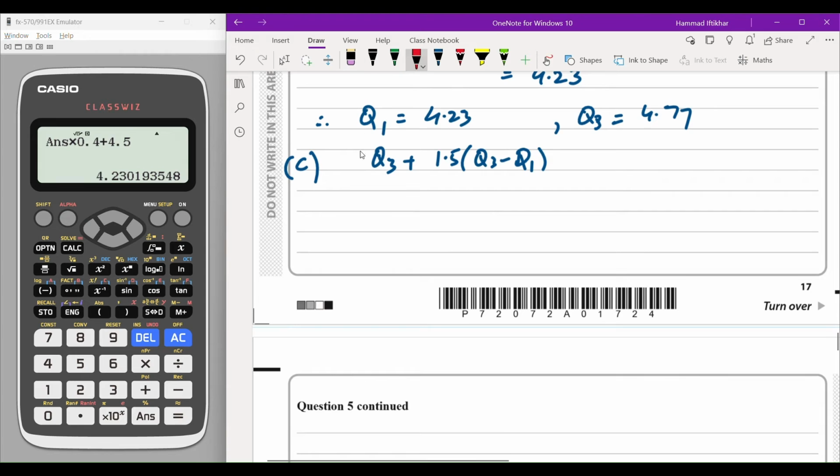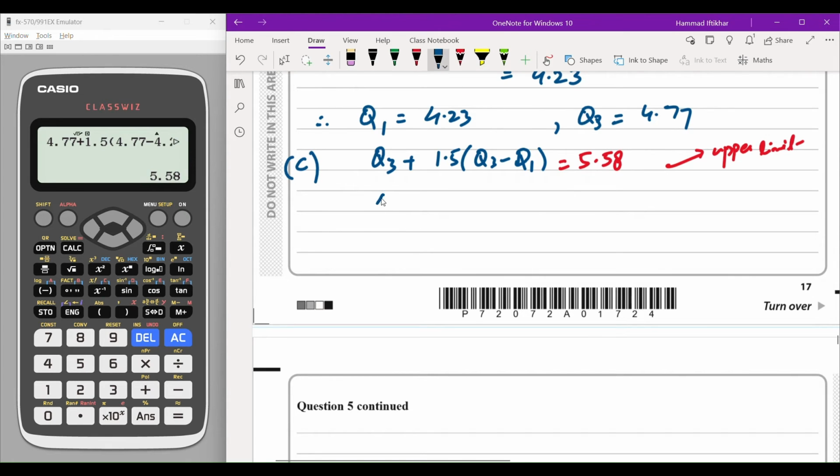Okay, so this is the upper limit. Sorry, I forgot to write the upper limit. So Q3 is 4.77 plus 1.5 times 4.77 minus 4.23. That is 5.58.